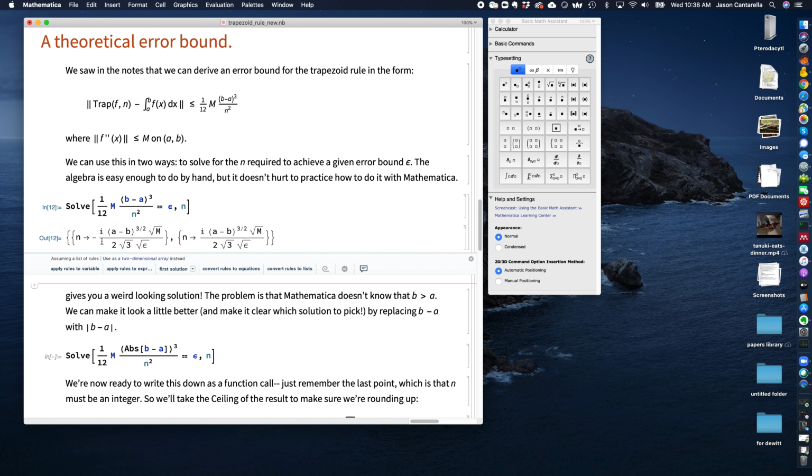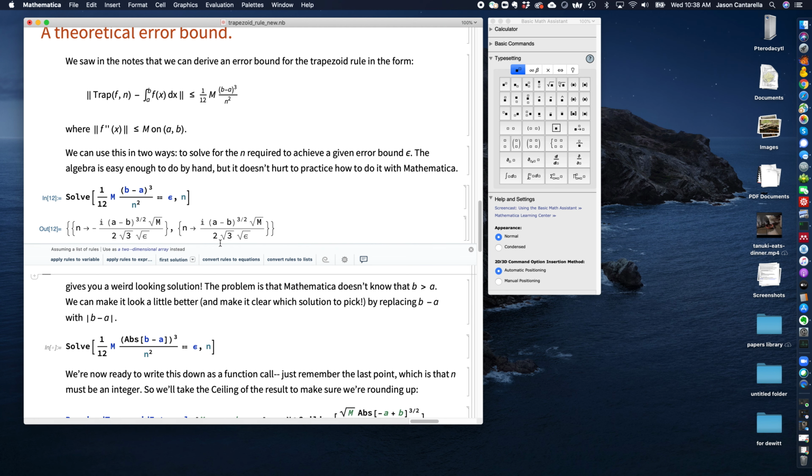And you'll notice that this is kind of weird. For instance, it has an I in it. There's one solution that might be negative, one solution that might be positive. The problem is that Mathematica doesn't know that b is supposed to be greater than a, so it's worried about taking the square root when you solve for n.